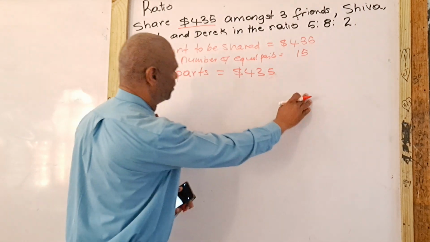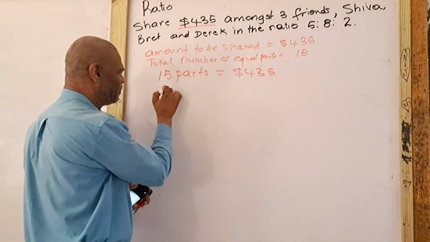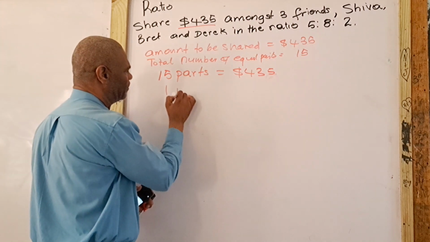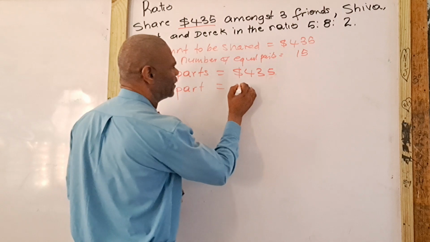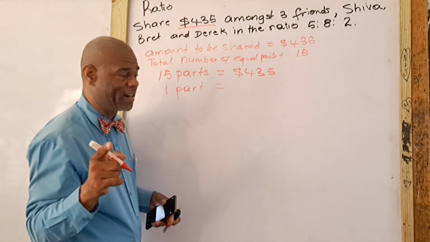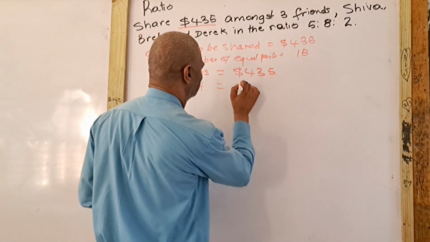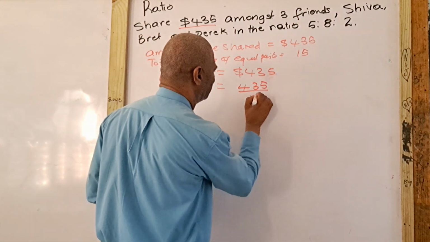So that's all of it. So all the money, the 15 parts equal this. So one part is equal to the total amount of money divided by the number of parts. So it is $435 divided by 15.